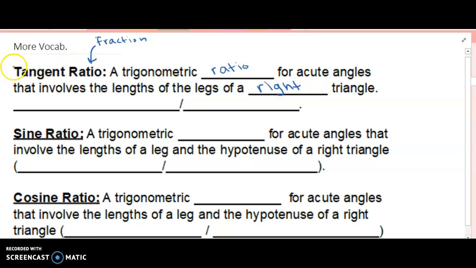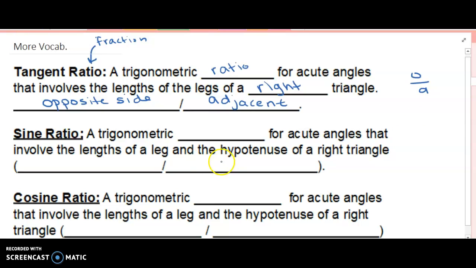So these only work for right triangles. And the tangent ratio is always the opposite side divided by the adjacent side. Okay, so it's opposite over adjacent.